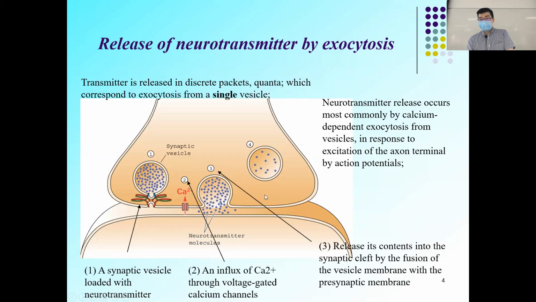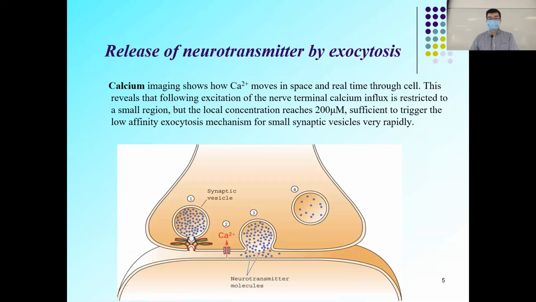After release, how they are refilled again also involves different possible pathways or hypotheses as well. Now, the release by exocytosis depends on the calcium rush-in, and by a special method, calcium imaging, we can detect the real-time movement of calcium inside the terminal.